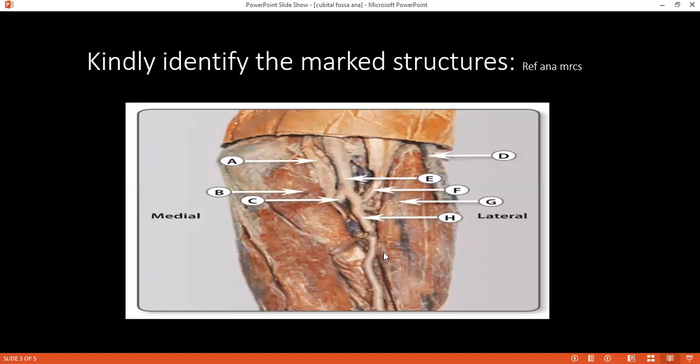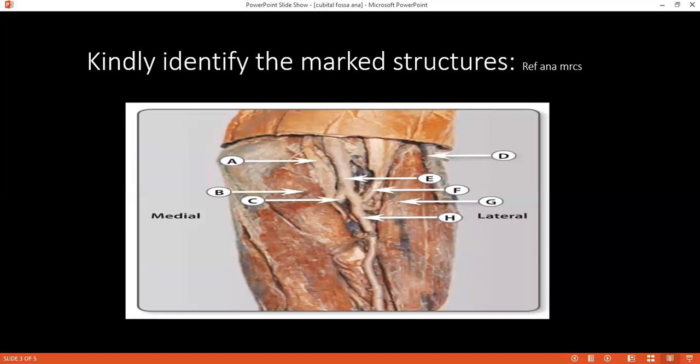Flexor carpi radialis, flexor carpi ulnaris, palmaris longus, flexor digitorum profundus, flexor digitorum superficialis, pronator teres, and supinator. Palmaris longus sometimes exists. And the extensors: extensor carpi radialis longus and brevis, and extensor carpi ulnaris.